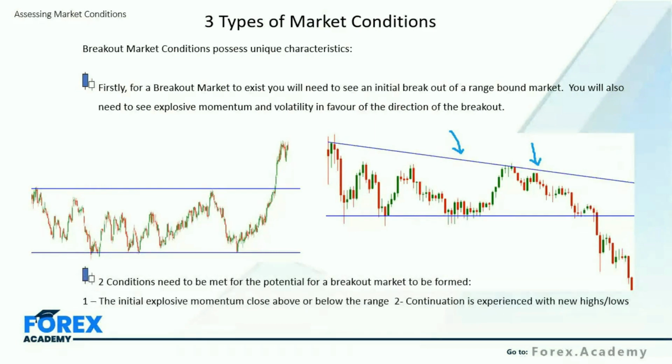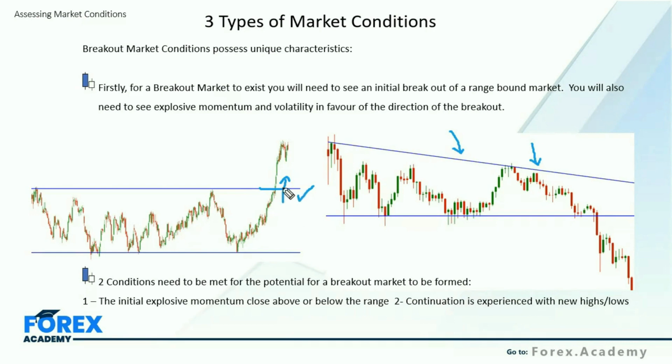So the two conditions in this case that need to be met for the potential for a breakout market to be formed. The first one being the initial explosive move close, or the momentum close, should I say, above or below the range. So if this is our range to the upside, do we get an initial explosive move to the upside? The answer is we certainly do.